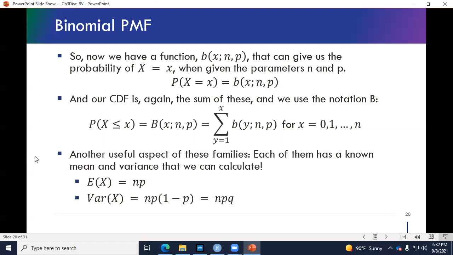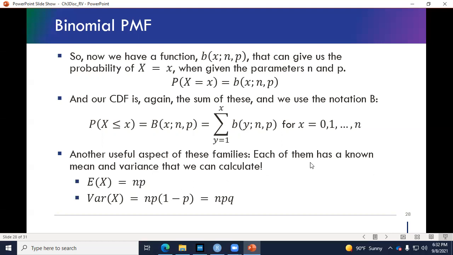To get a better description of this distribution, we need the expectation and the variance of this random variable when it follows a binomial distribution.